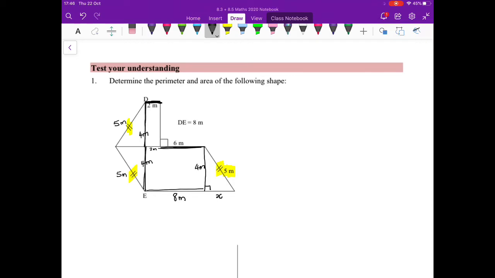So if this is 4 meters, this line here is also 4 meters. Now let's just check. I've got that, plus that, plus that, plus that. I do have the hypotenuse, but I don't have x. I've got that line and that line. So I could work out the perimeter if I could find x. Let's just clear this a bit so it's not so cluttered.